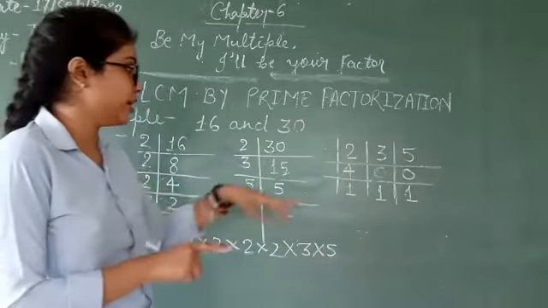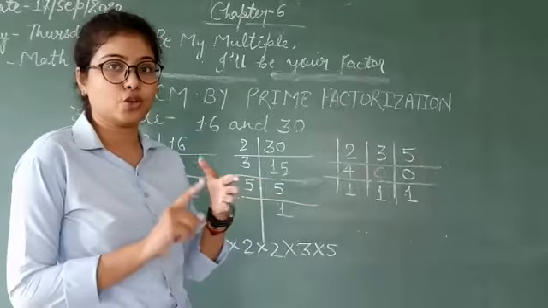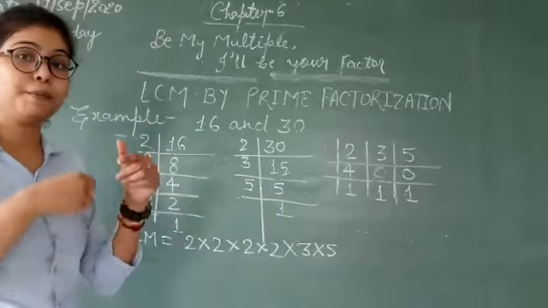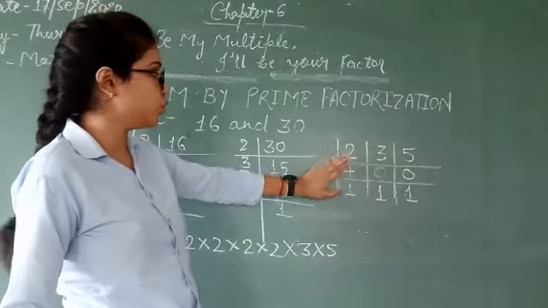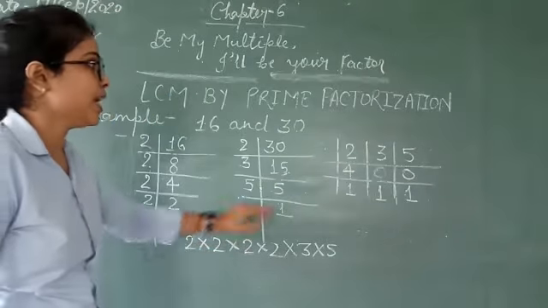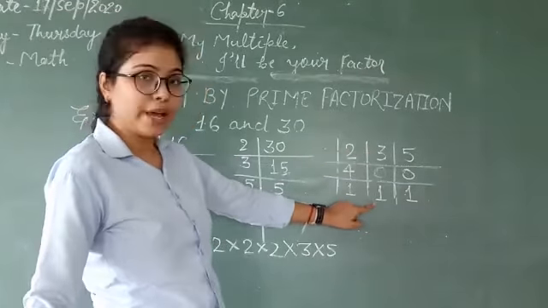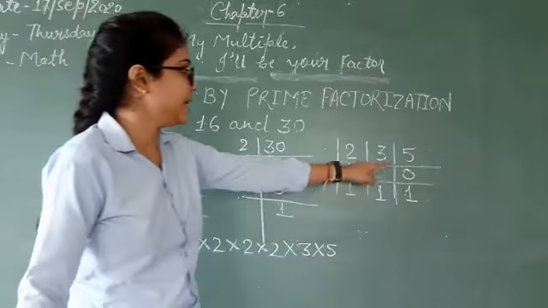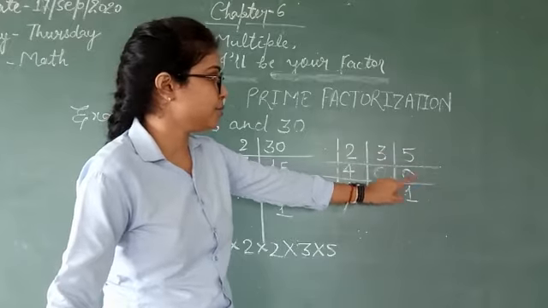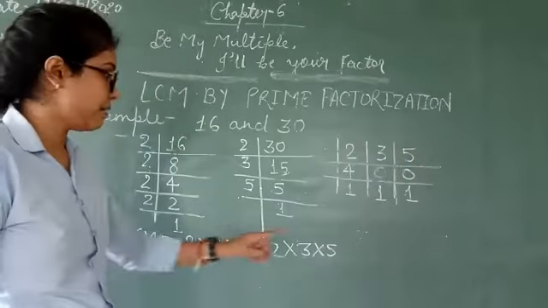You don't have to take 4 plus 1, 5. You don't have to add it. You have to take the maximum only. It is 1, it is 4, and 4 is maximum. So you will take 4 times 2, and in this 1 is maximum. So you will take 1 time 3. So here I have written 1 time, and in these two 1 is maximum. So you will take 1 time 5.